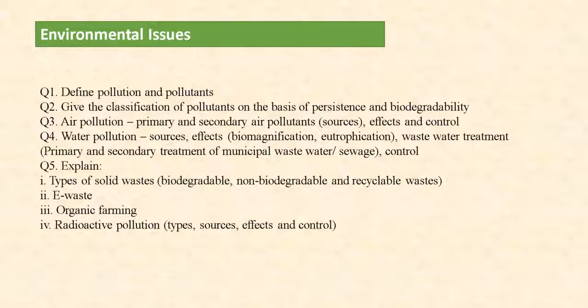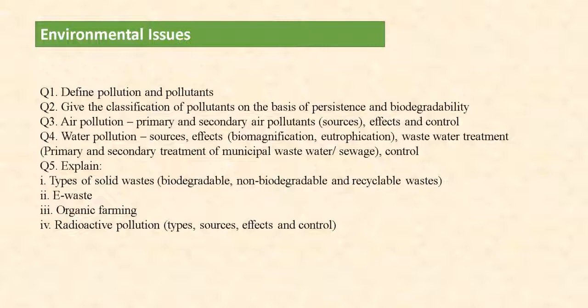Mainly, these indicate the sources of air pollution, their effects, and control methods. In the fourth question, I have written water pollution, its sources, effects, mainly biomagnification and eutrophication, which are very important here. Then wastewater treatment, mainly by primary and secondary treatment of municipal wastewater or sewage. And also we need to read about the control methods of water pollution.